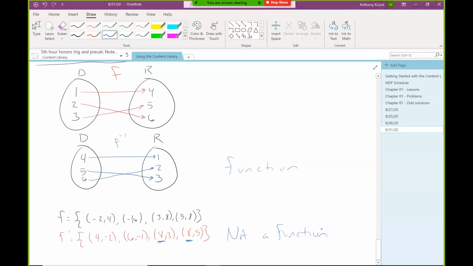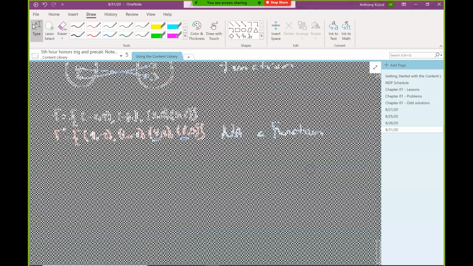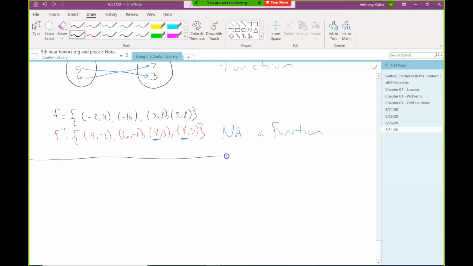So it appears sometimes these inverses will be functions, and sometimes they won't be functions. Would it be nice to be able to predict when we'll get a function versus when we won't? Yeah, and that's what our next set of vocabulary is going to be geared at.